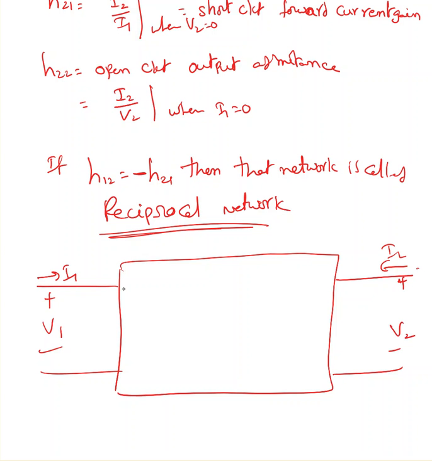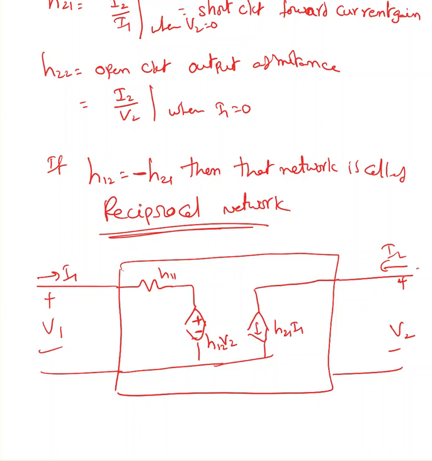Now here I can represent this as h11, and this is a voltage dependent source, h12 v2, and this is a current dependent source, h21 i1. And here is another resistor, h22. So this is the equivalent circuit of h parameters.